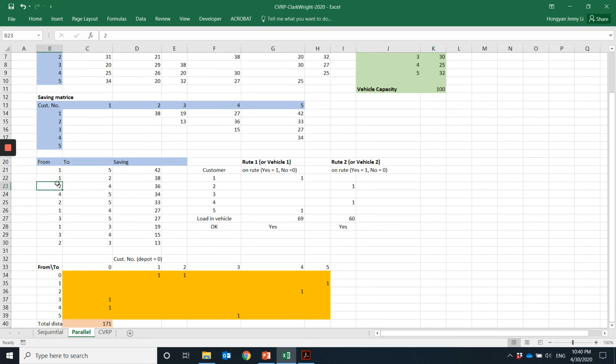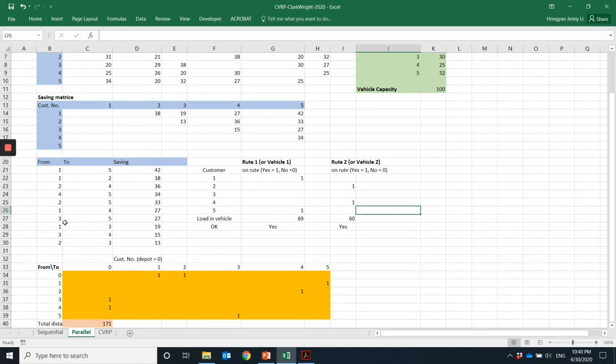Next, I check the cost saving list. I found if I connect the customer 2 and 4 together, they give me a higher saving of 36. So I initiate a second route and put the customer 2 and 4 in the same trip. That's called a parallel generation. I generate 2 parallel routes at the same time. Now I have the customer 3 left.